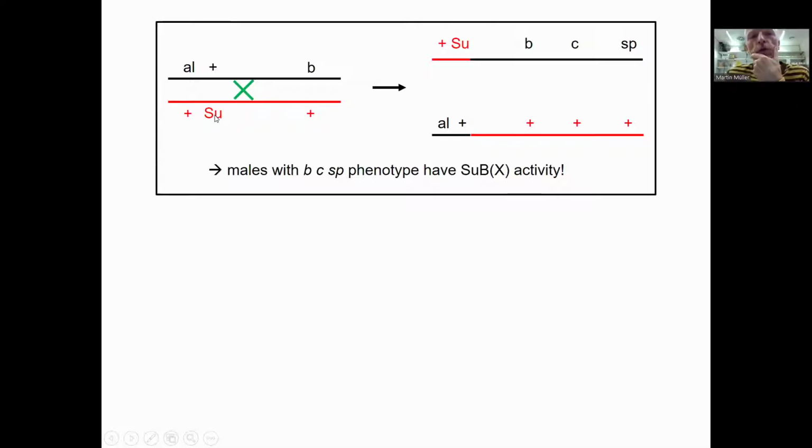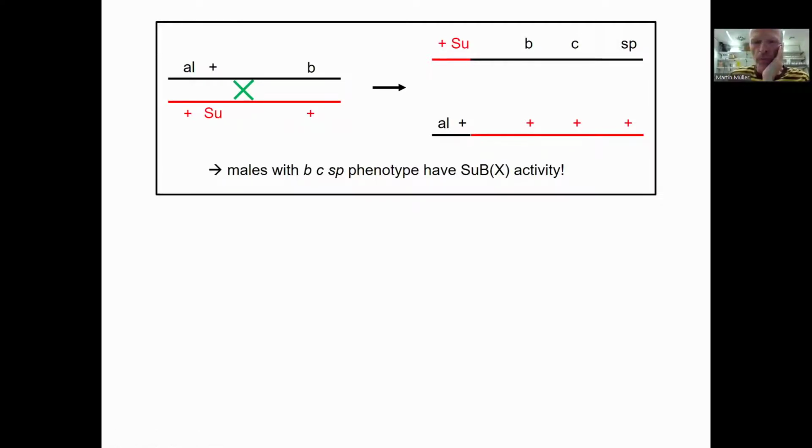The closer the suppressor is to Aristolase, the higher the chance that our black curved speck chromosome has the suppressor activity. That is as we had it in our question. There in the table it says black curved speck gives you suppressor activity. The answer was yes.